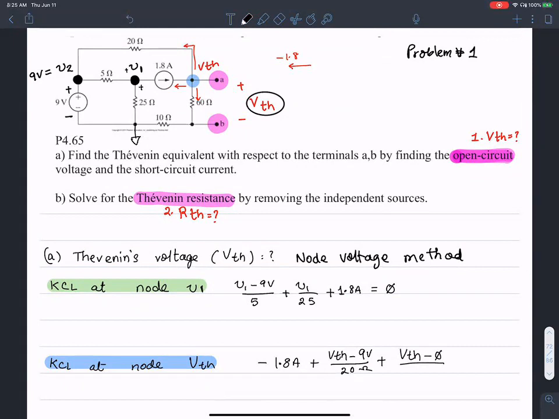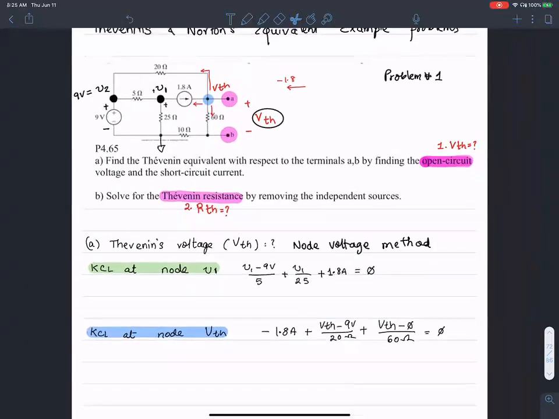Ground is assumed to be at 0 volts. So it's VTH minus 0 over 60 ohms, right? Correct. All of this gives me 0. That's Kirchhoff's current law at node VTH. Questions about that?